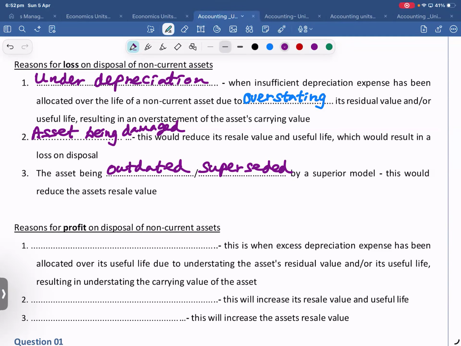Superseded. Right. And reasons for profit on disposal.